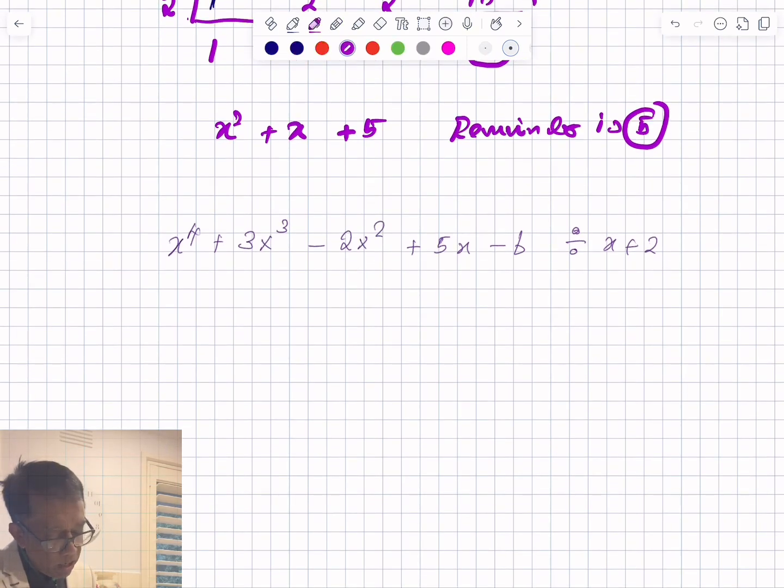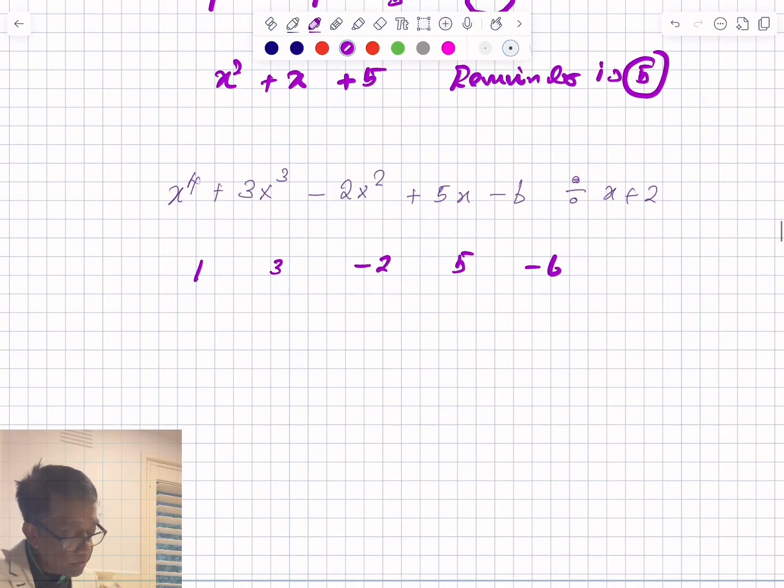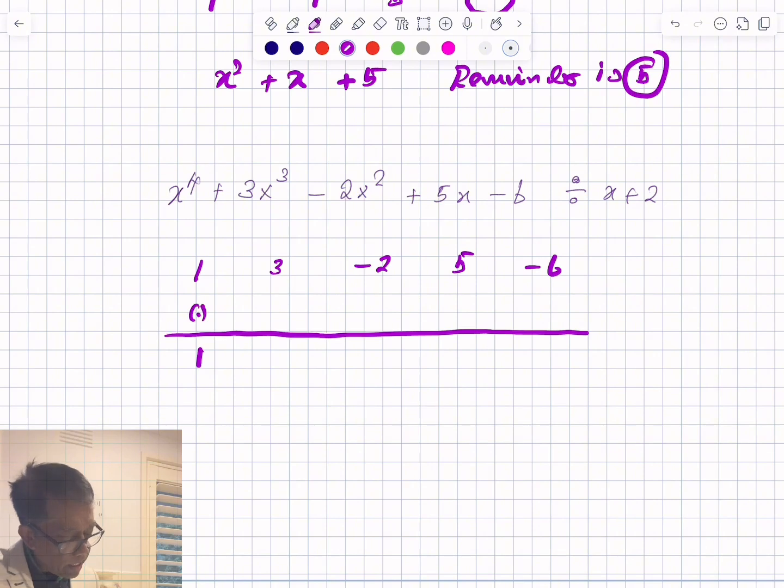Then what are the coefficients? The coefficients are 1, 3, negative 2, 5, negative 6. Then we have to add 0 here. The leading coefficient is 1. x + 2 equal to 0 means x is equal to negative 2.